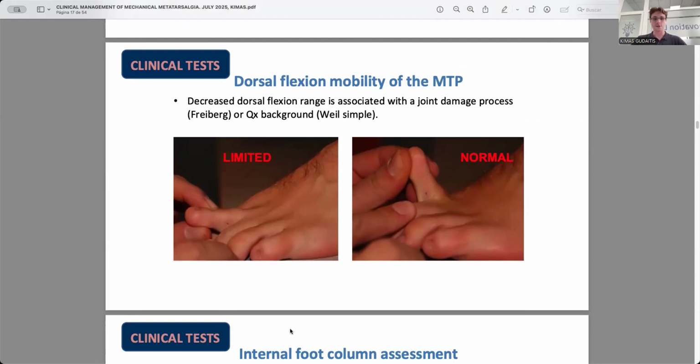It's also interesting to assess metatarsal mobility to make a differential diagnosis. In the left image, on the second toe, if the patient has no surgical history, we can suspect Freiberg's disease. It's like hallux rigidus, more or less, but in the second MTP joint.